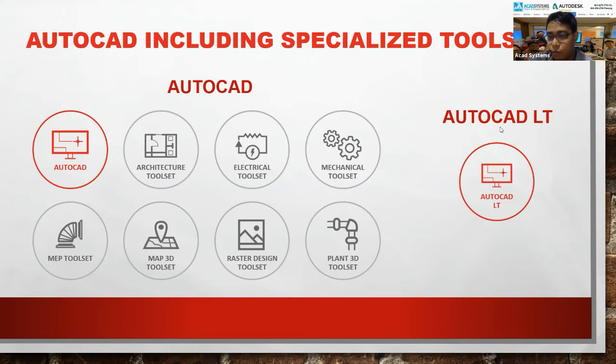On the other hand, if you get AutoCAD LT, you only get the normal AutoCAD LT. You don't have the other 7 toolsets, and you cannot install additional plug-ins and so on. So these are some of the differences between the normal AutoCAD and LT.